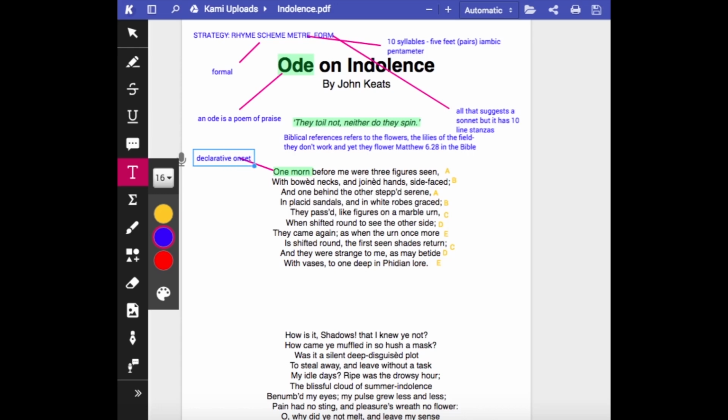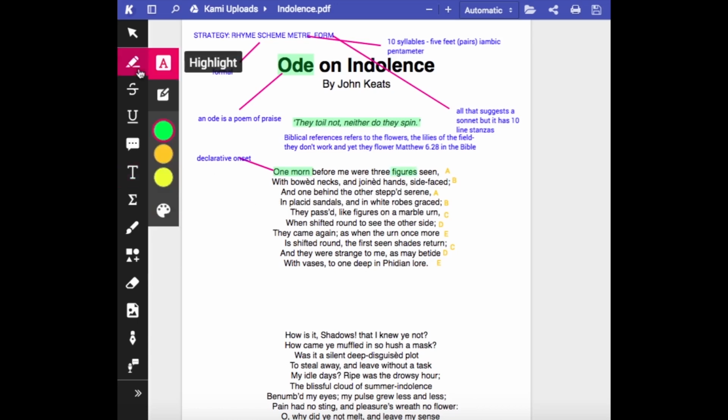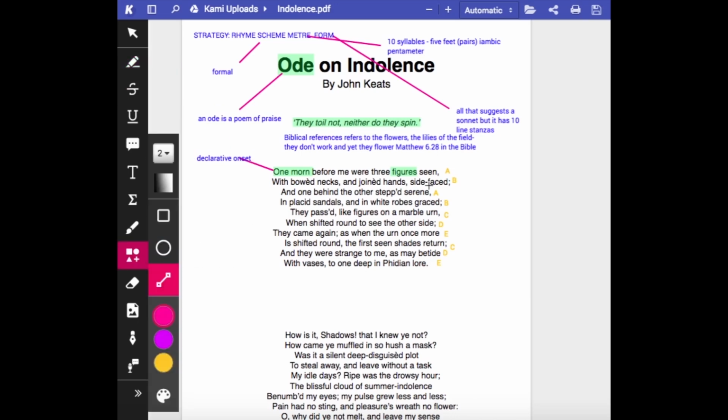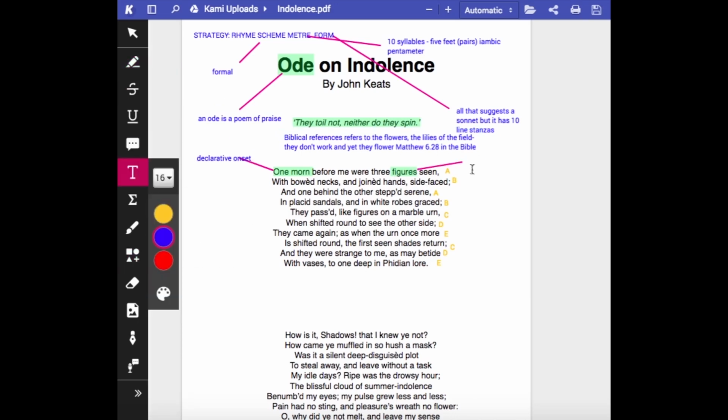One morn, declarative. Before me were 3 figures. Figures suggests an abstract shape, but he certainly suggests with bowed necks, joined hands, side-faced, that they are in profile and that they are human figures, perhaps silhouettes. And I think there's a reason for this, which we'll see in a minute.